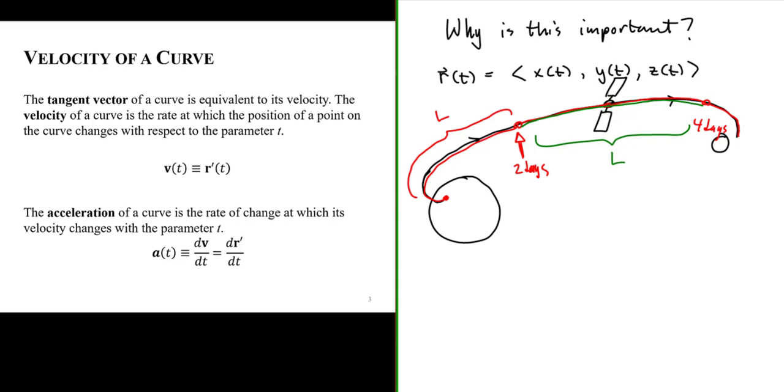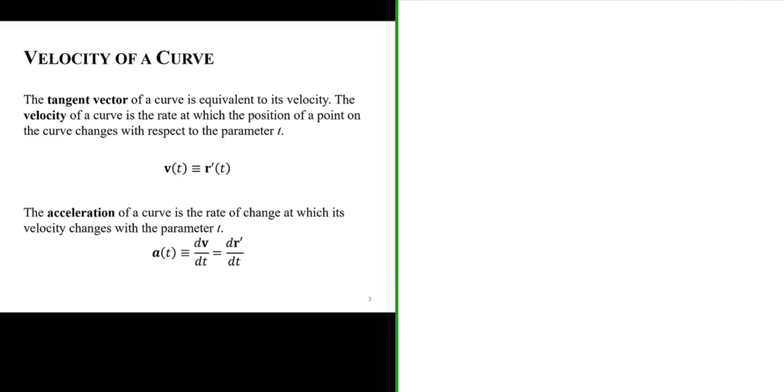So to have a better understanding, let's talk about the tangent vector and its relationship to the velocity of a curve. Remember, the tangent vector of a curve is equivalent to its velocity. Well, the velocity of a curve is the rate at which the position of a point on the curve changes with respect to the parameter t.